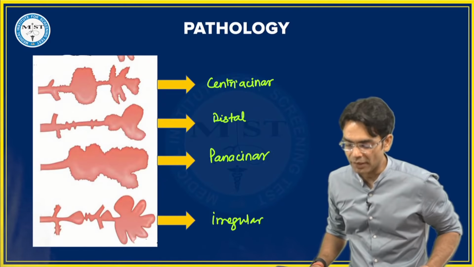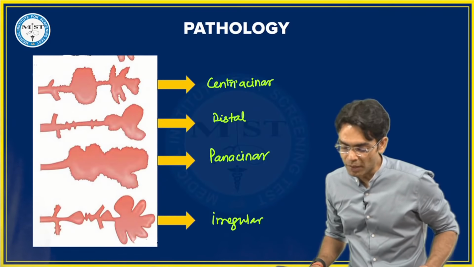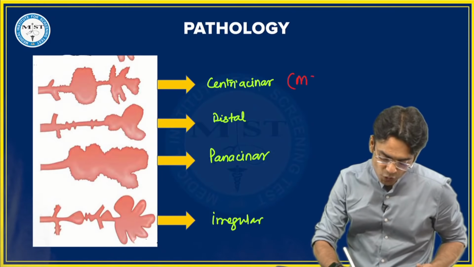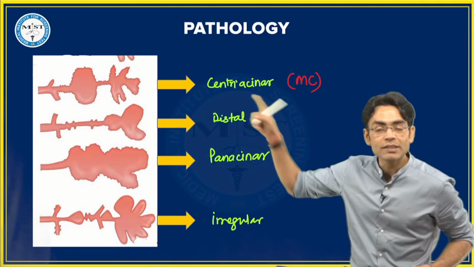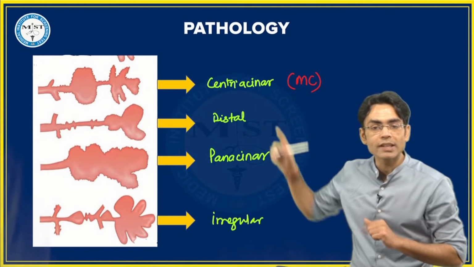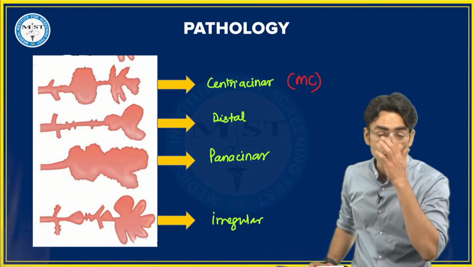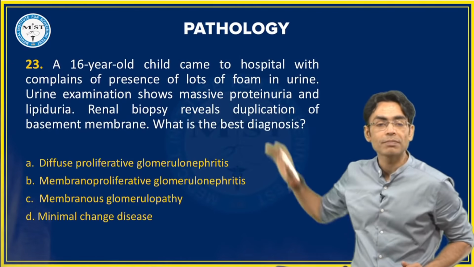Yes Kapil, yes Swarna, Shanti, Suma, Shrijit. Ritvika, yes, this is the most common. And the reason is smoking, the most common cause, whereas for panacinar this is the second most common and it is due to alpha-1 antitrypsin deficiency.